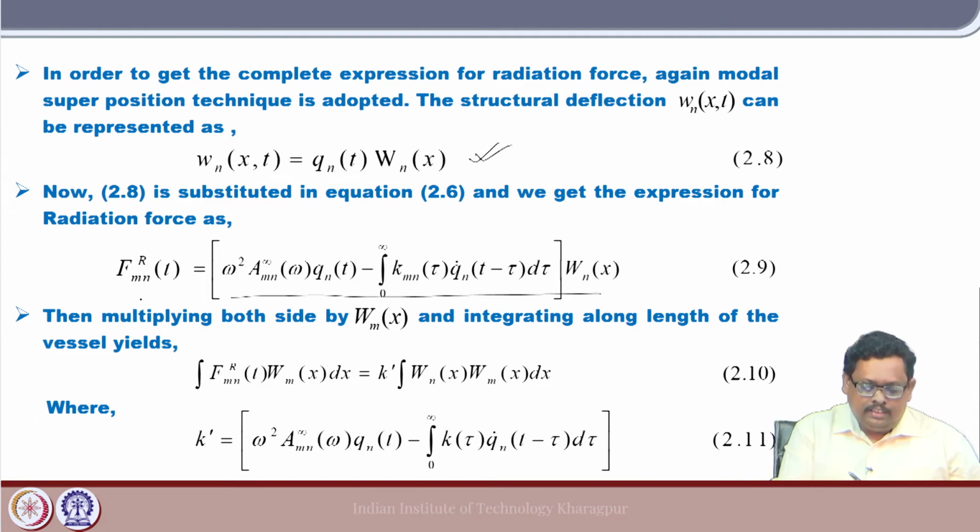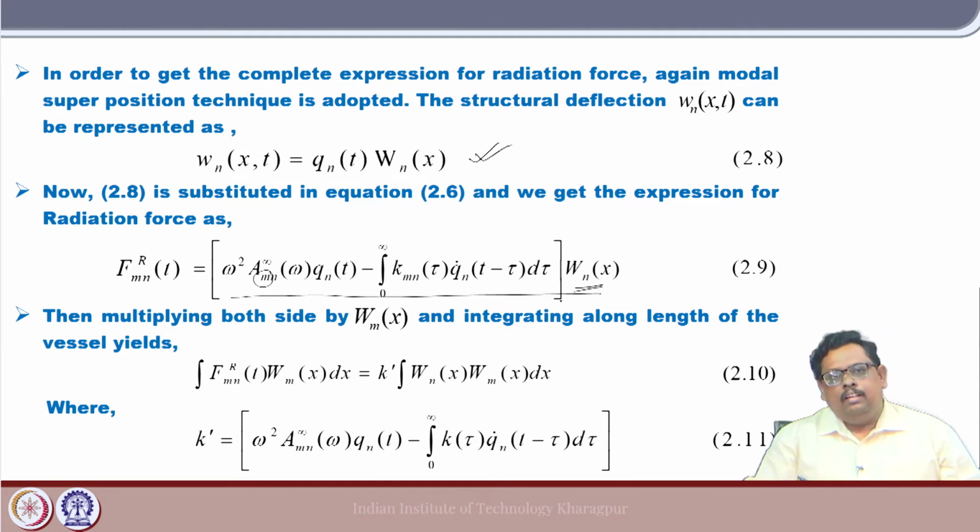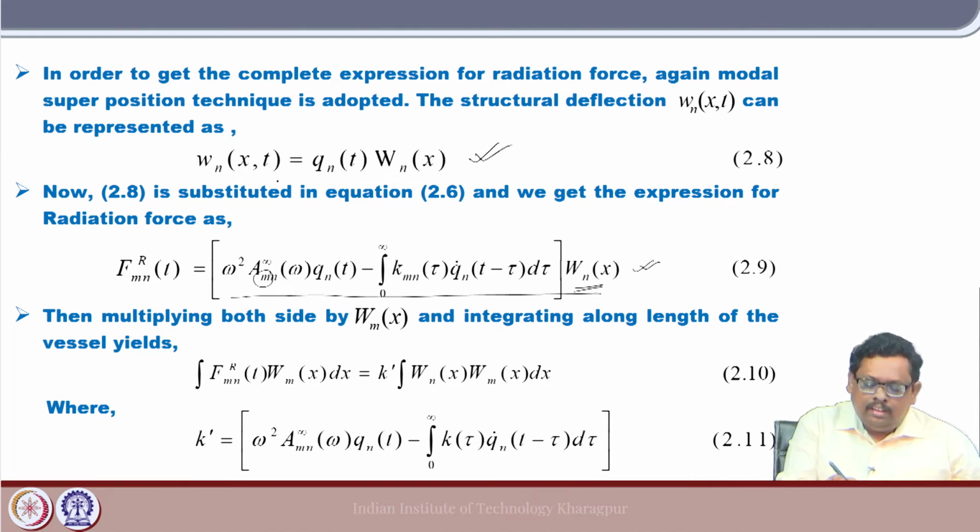Because here this m_n, as I said, is only possible when m equals n. So, anyways, if you multiply the whole by w_n(x), finally you will get this expression, because all these space terms will come out of the integration sign.